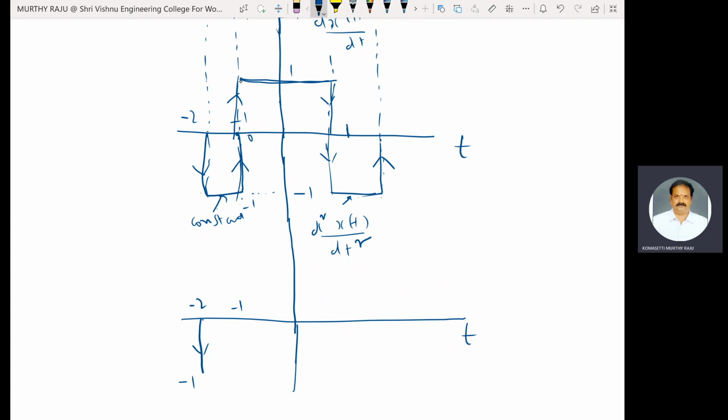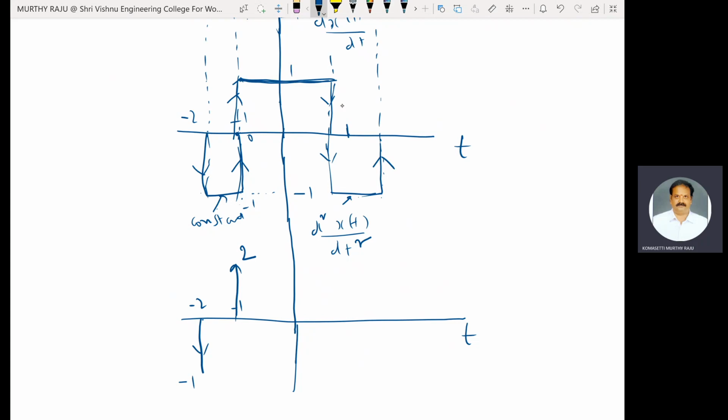Here one more value is also there, +1. +1 and +1 is +2. So the impulse value is +2.